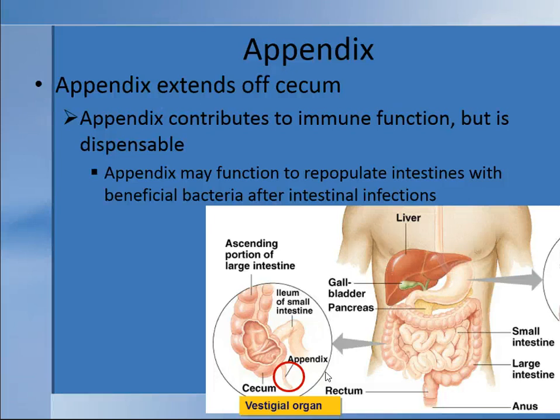In us, we think that it has some contribution to immune function, but we can actually do without it. And so when it gets infected, when you get appendicitis, you can remove it, and it's not a big deal. It may actually function to help repopulate the intestines with the beneficial bacteria after some sort of event like an infection, or you've taken antibiotics or something like that.